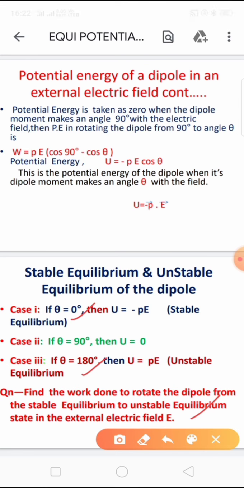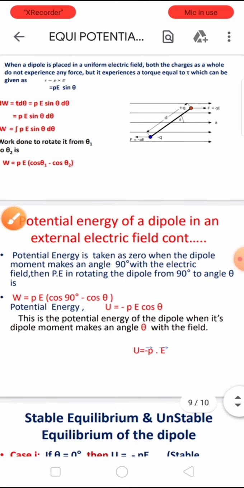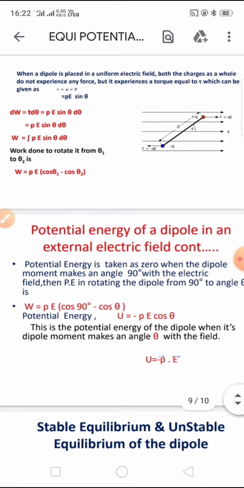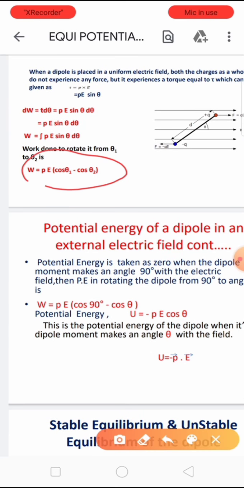Putting these values of theta 1 and theta 2 in this formula, it is equal to PE (cos 0 minus cos 180 degrees). You will get cos 0 is 1, and cos 180 degrees is minus 1. So you will get 1 minus of minus 1, which is 2. So you will get 2 PE.